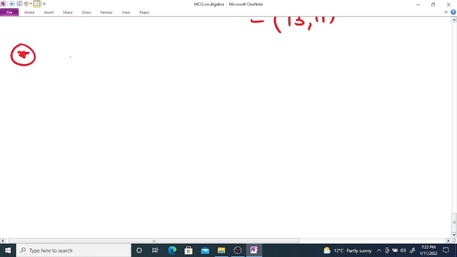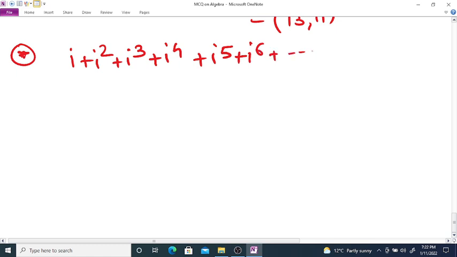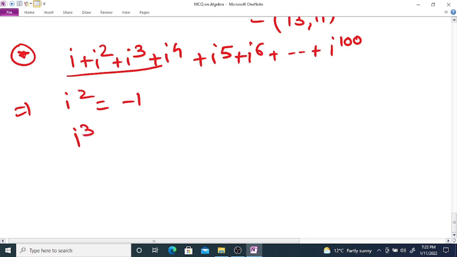Now next, find the value of the complex number i plus i square plus i cube plus i raised to 4 plus i raised to 5 plus i raised to 6 plus i raised to 100. We know that i square is equal to minus 1, i cube is equal to minus i, and i raised to 4 is equal to 1.